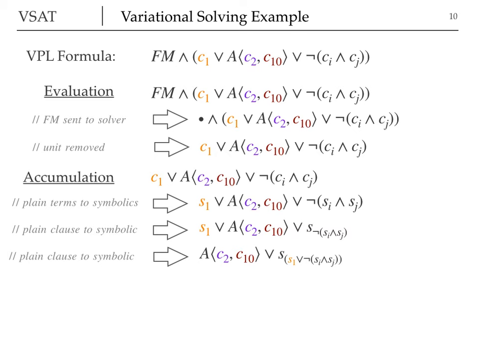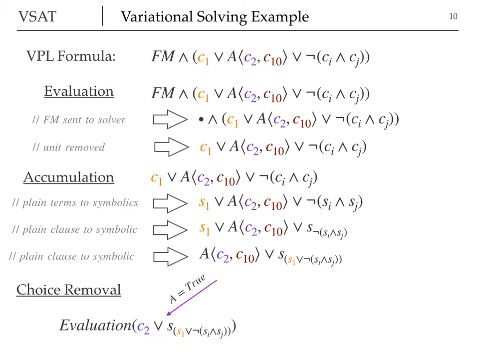Now, given a variational core, we can move to choice removal, and we'll configure the variational core by removing the A choice. So when A is true, we'll replace C2, and we'll have C2 or our symbolic. And then when A is false, we'll replace the choice with C10. Now, evaluation will see a formula which is entirely plain here, which means the entire thing will be evaluated to a unit.